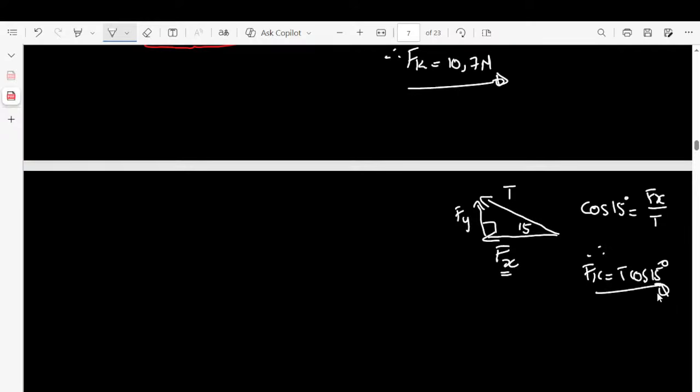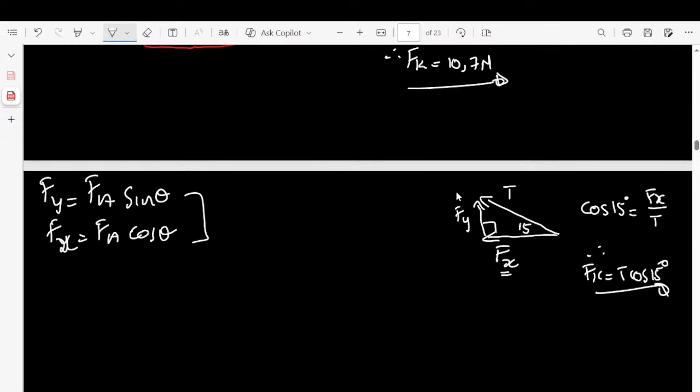It's the same, guys, like saying Fy is equal to F applied, the sine of theta, and Fx is equal to F applied, the cos of theta. So the reason is that this is a horizontal component. Yes, the Fx is the horizontal component. Okay, now you get it, ne?